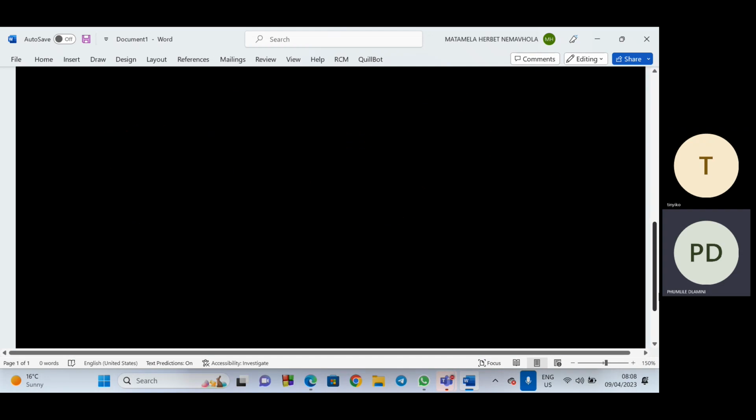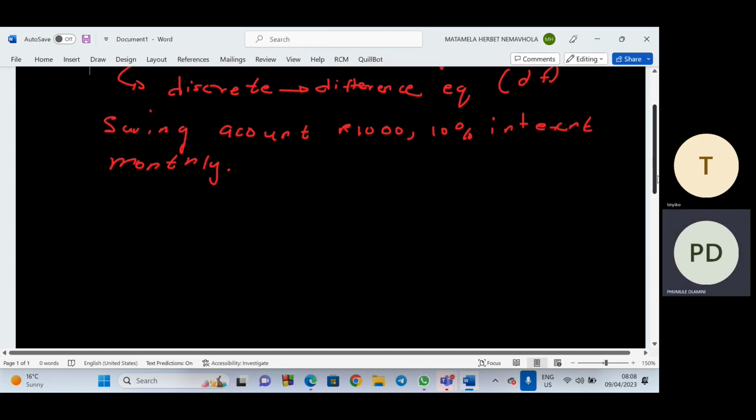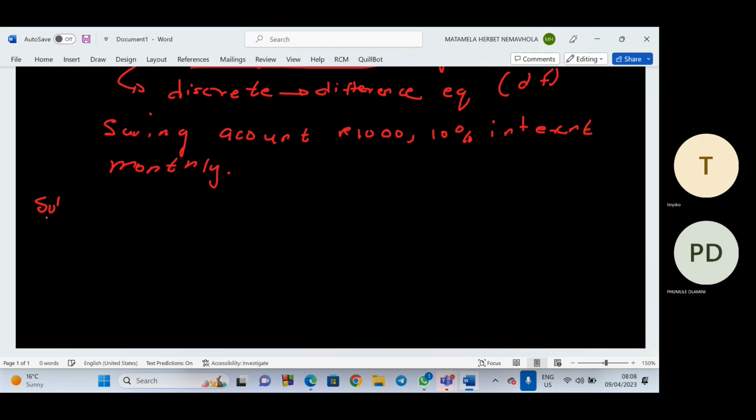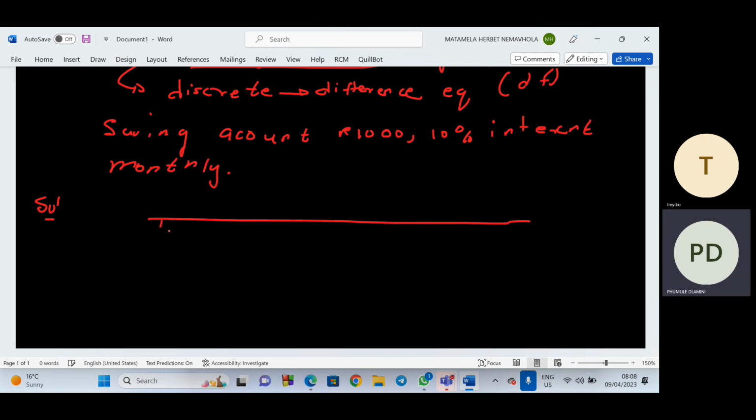In order for us to create a formula, the first thing we must know is that this mathematics is going to be in the form of a sequence. The sequence will have an initial amount. Let's say, for example, our initial amount we call A0.